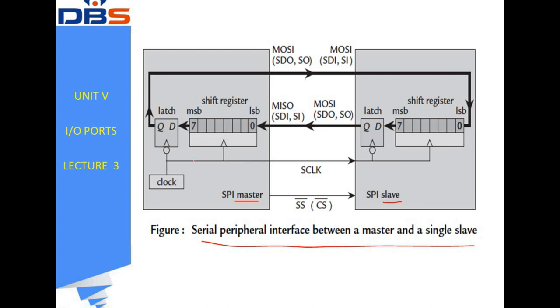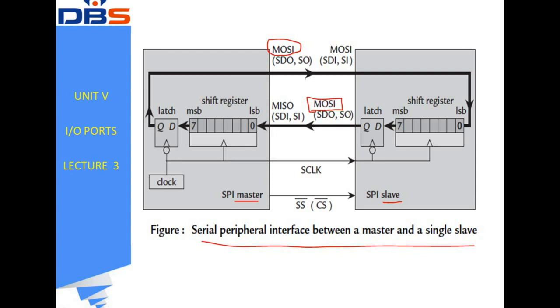Initially the data which is to be sent from the master to the slave is sent by the shift register through a latch by the pin called MOSI, that is master out slave in, and this data is sent to the slave. The data which is to be sent from the slave to the master will be given by the MISO pin, that is master in slave out.